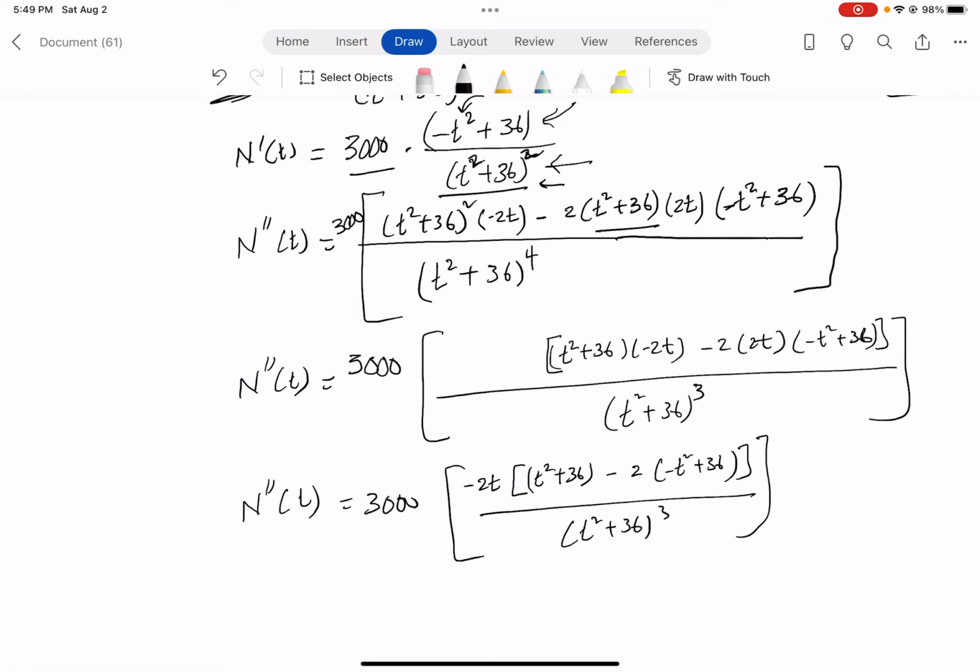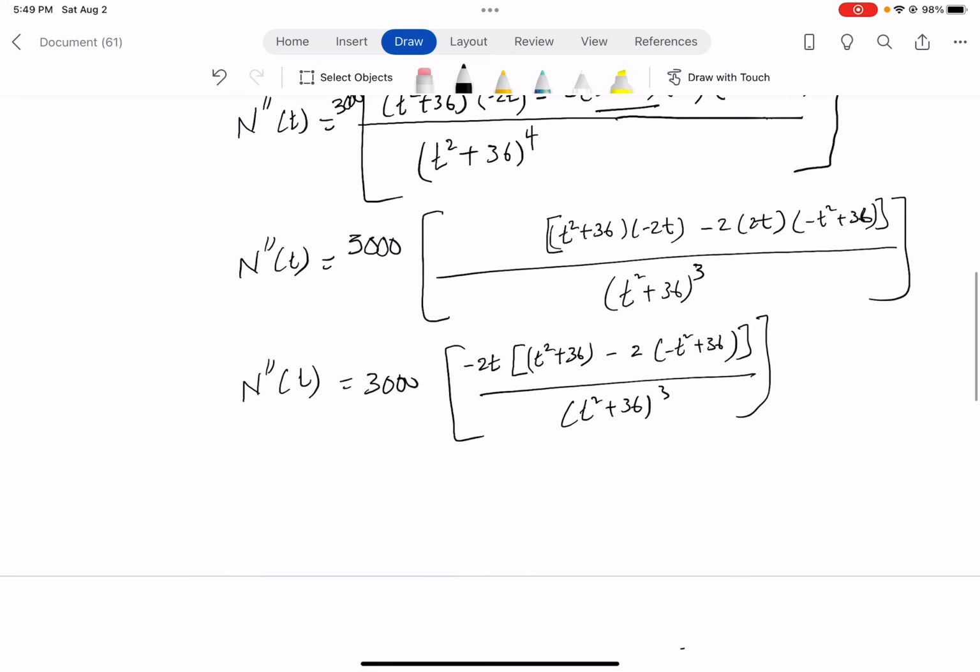Could you do any more simplification? We should open it up and see if that helps. 3000 minus 2t, t squared plus 36, plus 2t squared minus 2 times 36. 2 times 36 is 72. Okay, so minus 72.